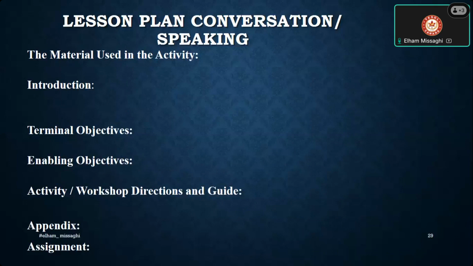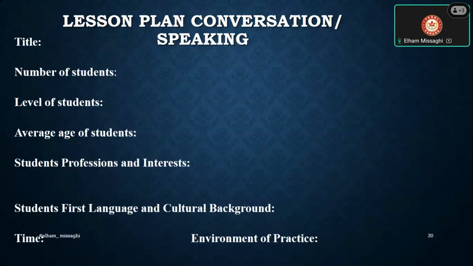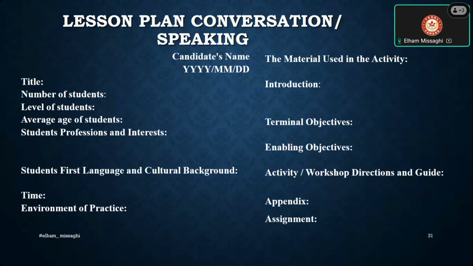And what else? Enabling objectives. So what you need to teach to get to that terminal objective. And the topic of the lesson, all the activities should go around the topic. The topic is environment, so all the skills, all activities should go around the topic. Number of the students, level of the students, age, so you know this background.